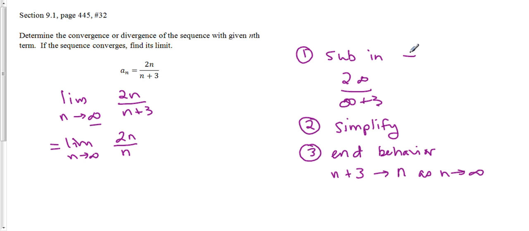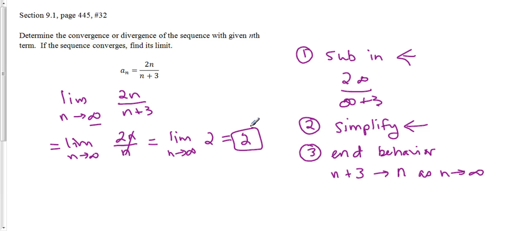Can I substitute in? Still not really going to help. But now I can simplify. I've got an n in the numerator and an n in the denominator, and I can cross those out. This gives me the limit as n goes to infinity of 2, which is just equal to 2.